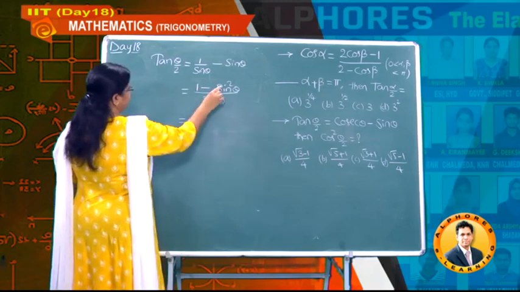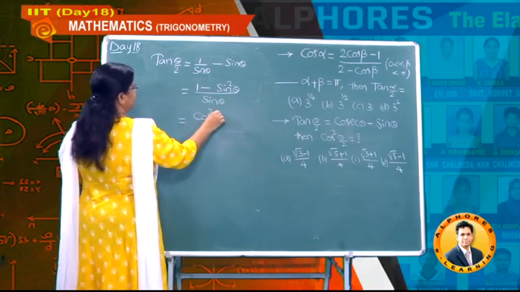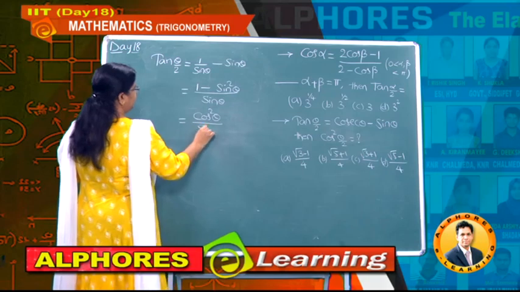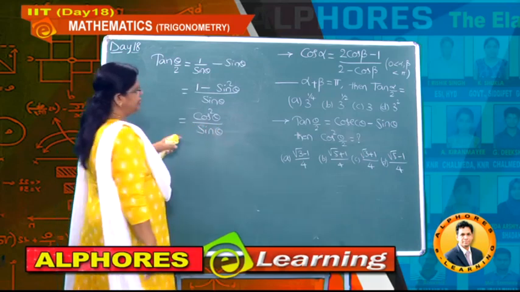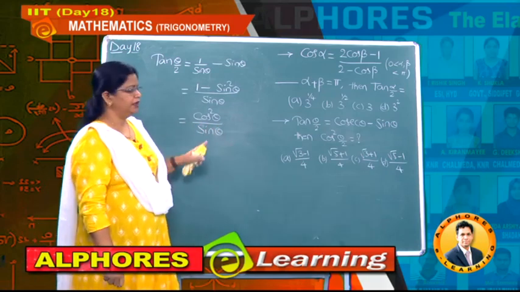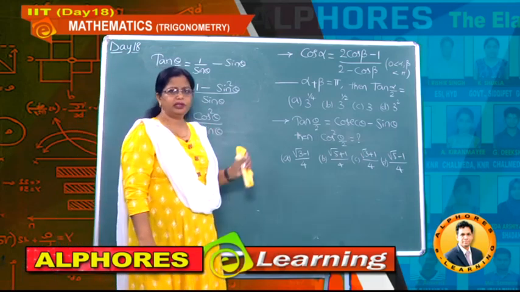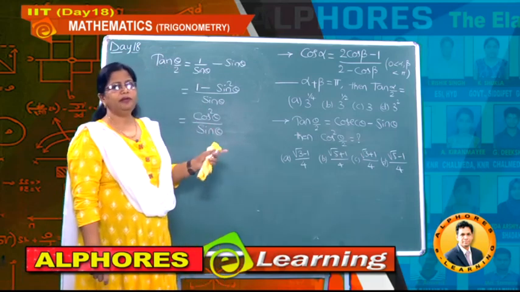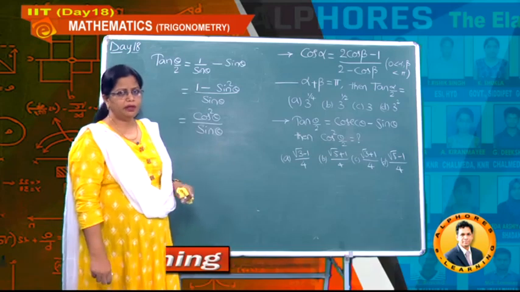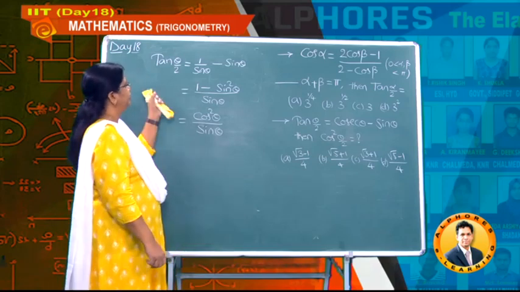You got the old formula, that is cos square theta divided by sin theta. Understand students? Here you got the RHS simplification without applying any multiple and submultiple formulae. Okay. Now what about the left hand side?